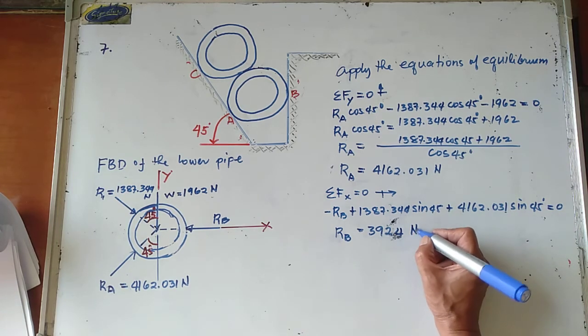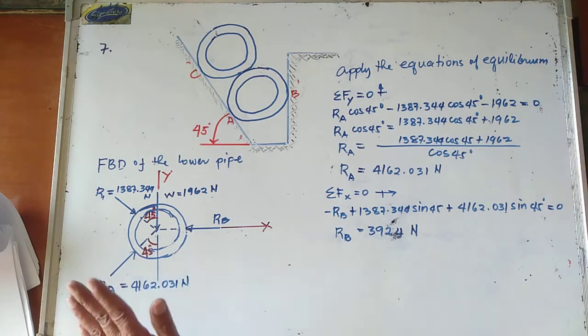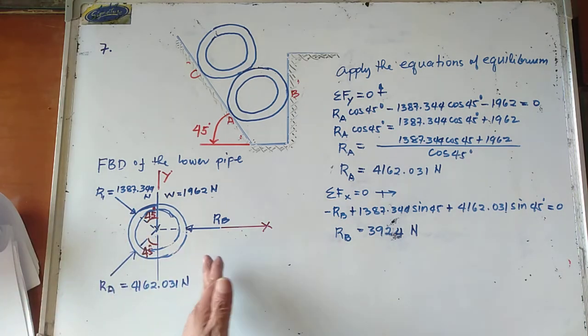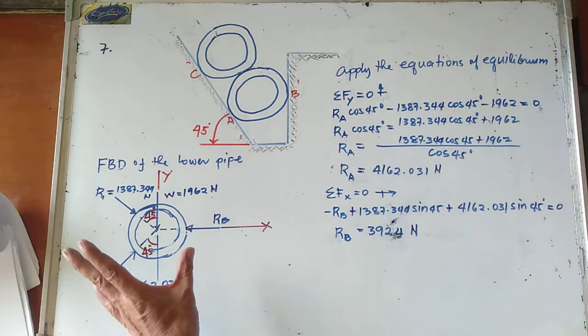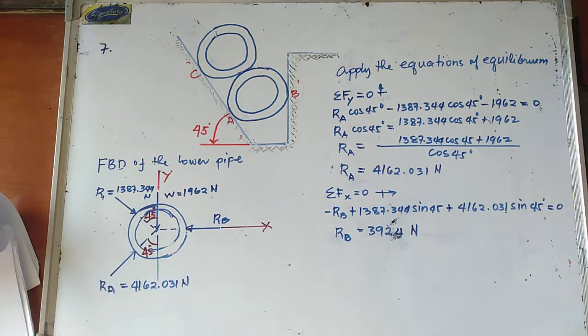So that is the contact reaction at point B. Now, take note in here that we cannot apply the force triangle because there are 4 forces acting on the free body diagram of the lower pipe.